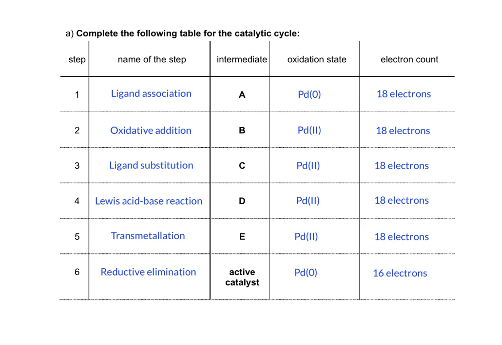Although step 5 might look like a ligand substitution reaction, we typically differentiate this by specifically calling it a transmetallation, counting both palladium and boron as metals.